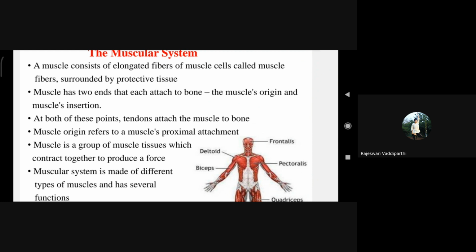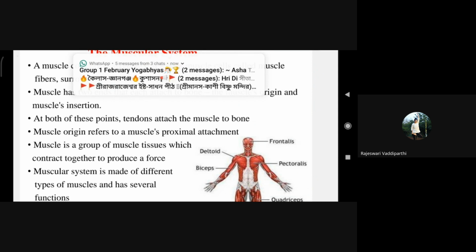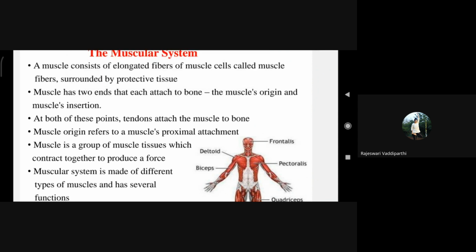A muscle has two ends that each attach to bone: the muscle's origin and the muscle's insertion. Okay, means each muscle fiber or each bundle of muscle fiber has two ends, and both ends are attached to bones.